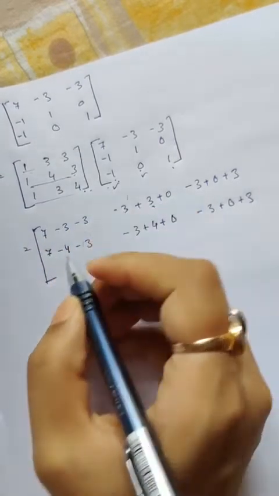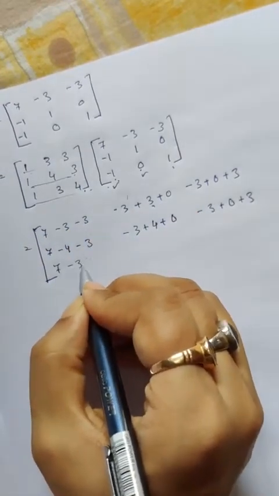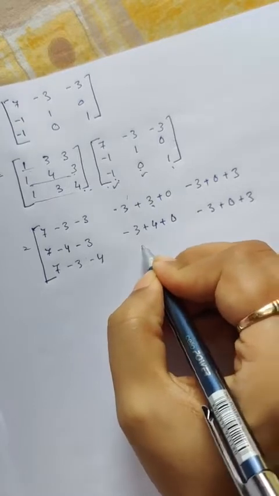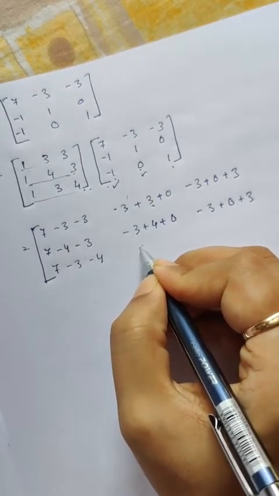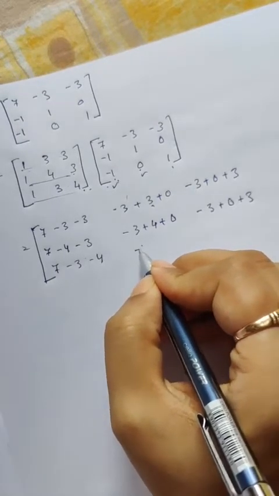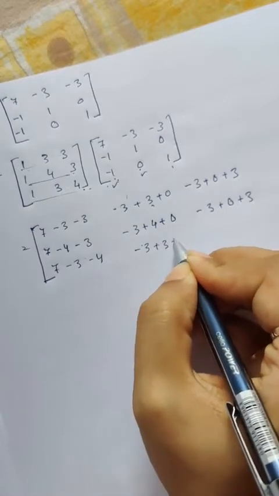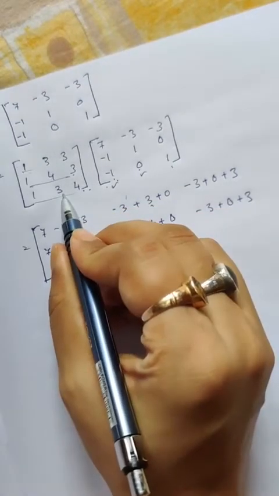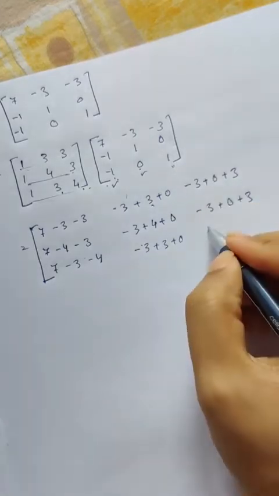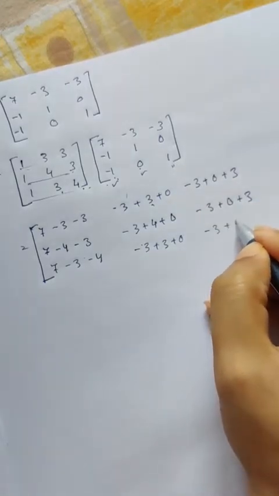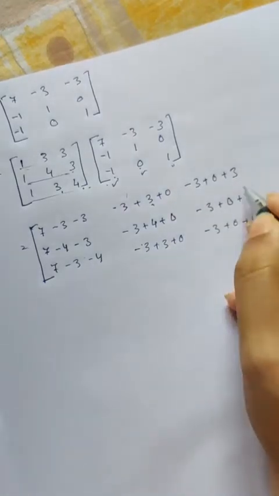Third row, first column. 7 minus 3 minus 4. Now third row, second column. Minus 3 plus 3 plus 0. Third row, third column. Minus 3 plus 0 plus 4.